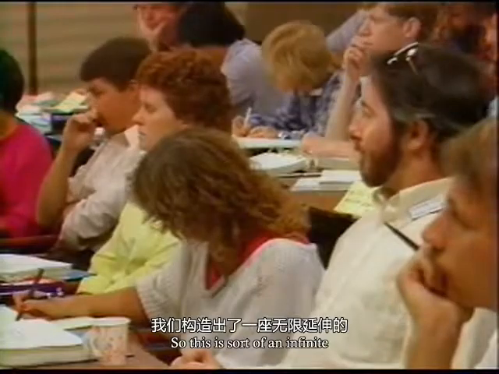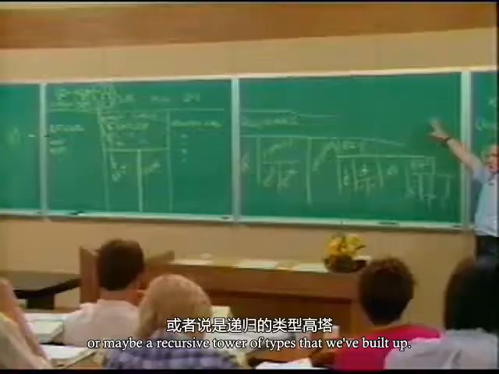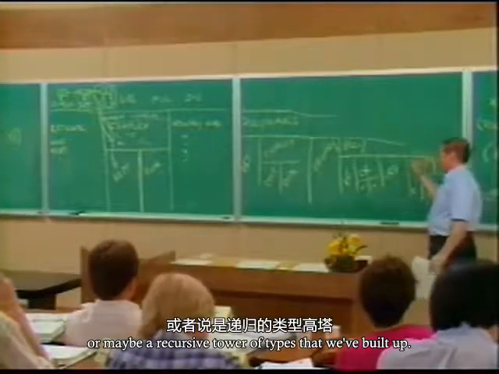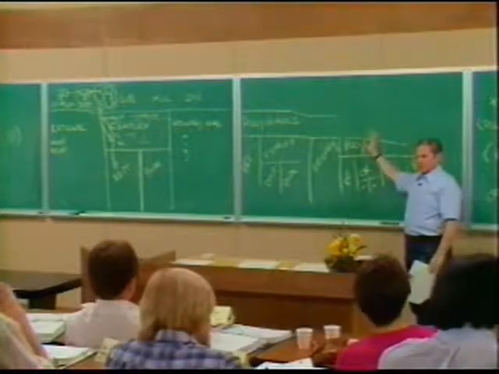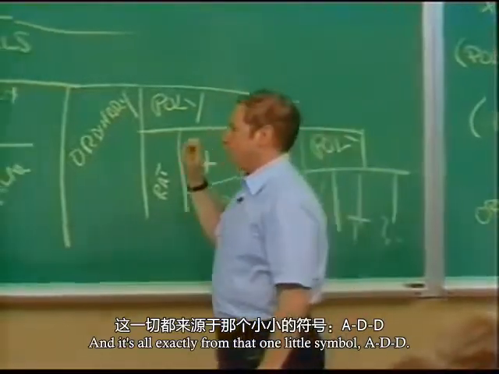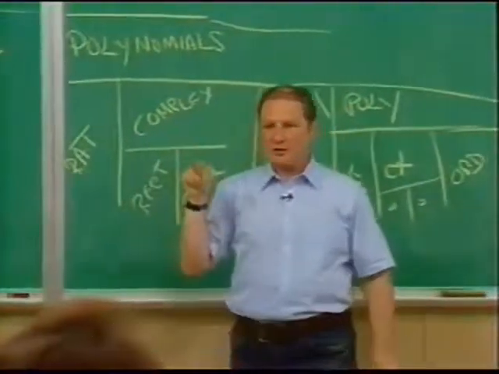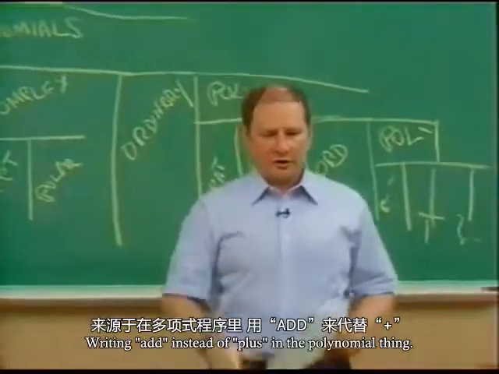So this is sort of an infinite, or maybe a recursive, tower of types that we've built up. And it's all exactly from that one little symbol, right, ADD, writing add instead of plus in the polynomial thing.